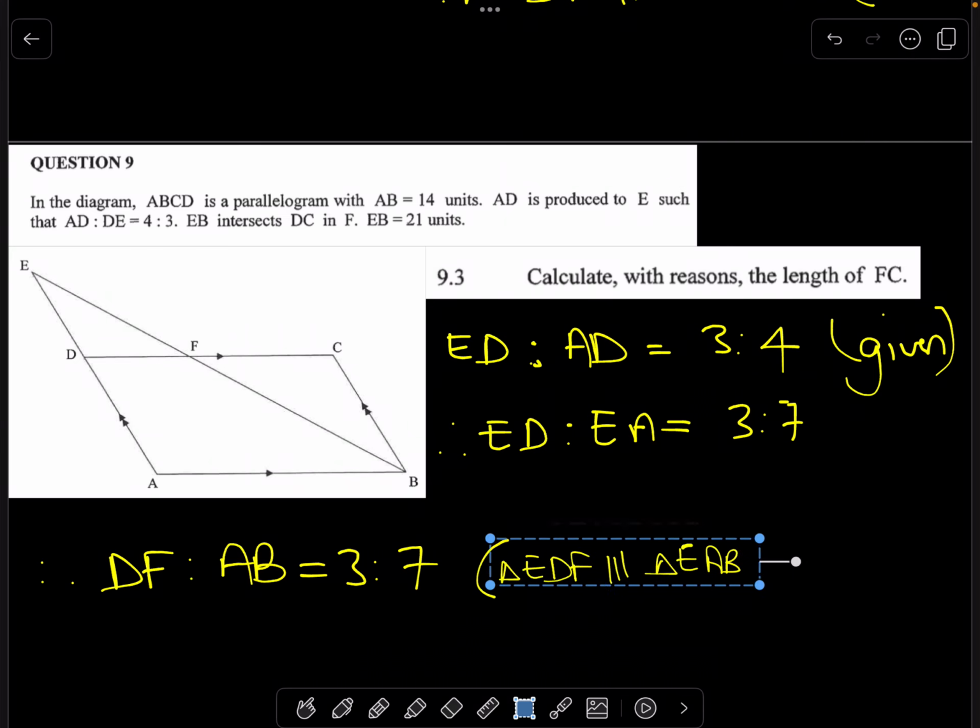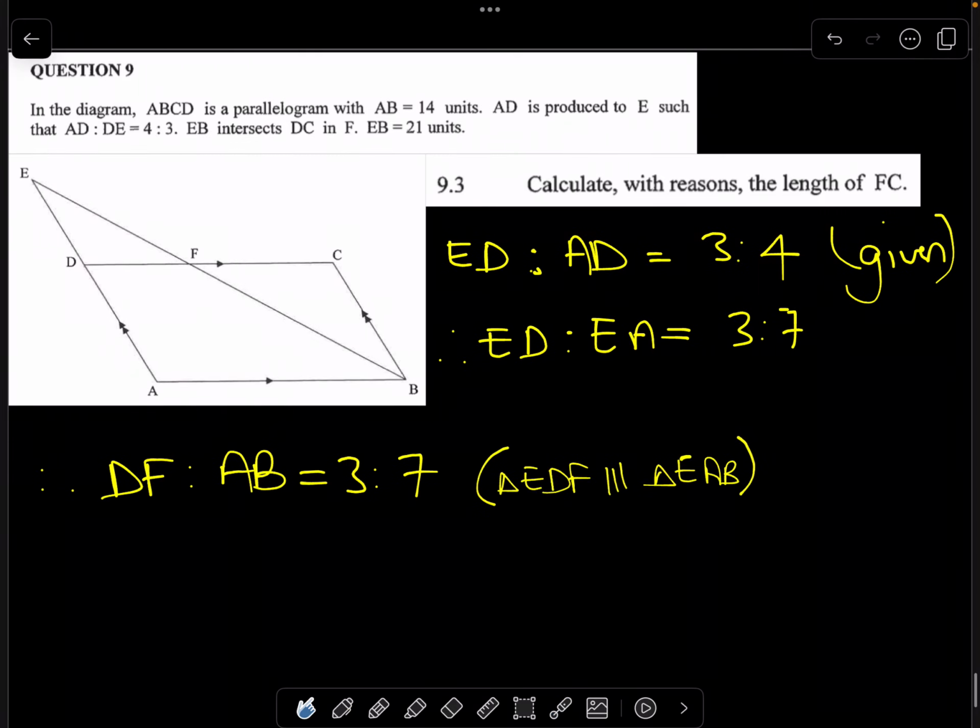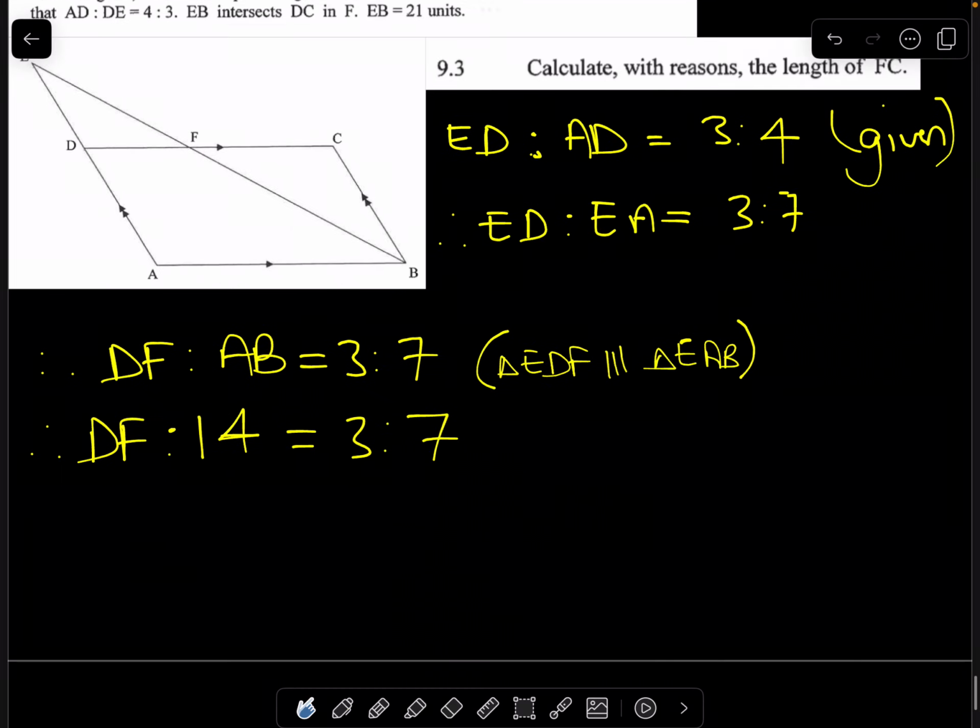Guess we can make you slightly bigger. Okay, right. And so because we know that AB is 14 units long, that means we have DF to 14 is equal to 3 to 7, right?